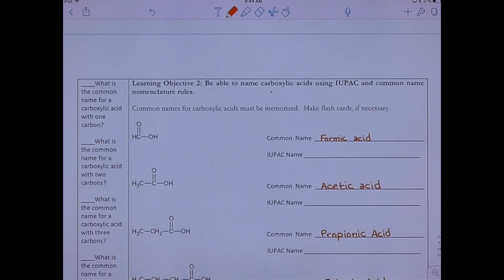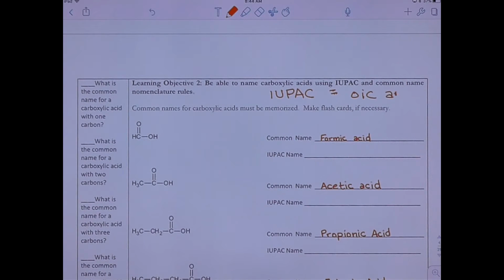So IUPAC. And that's kind of like, you know, last semester we had if it's an alcohol, change the ending to OL. If it's an amine, then change it to amine. You had to know what a functional group ending was. For carboxylic acids, the ending is oic acid.